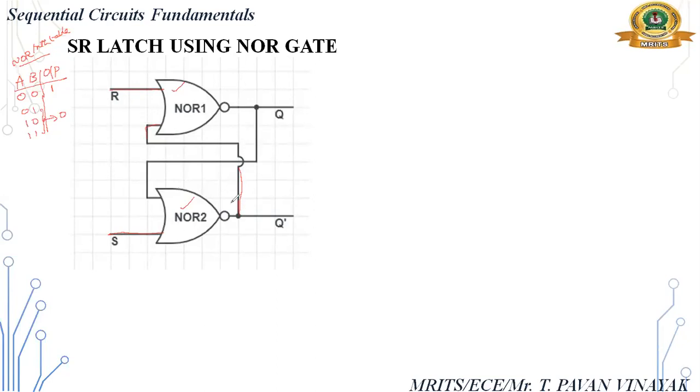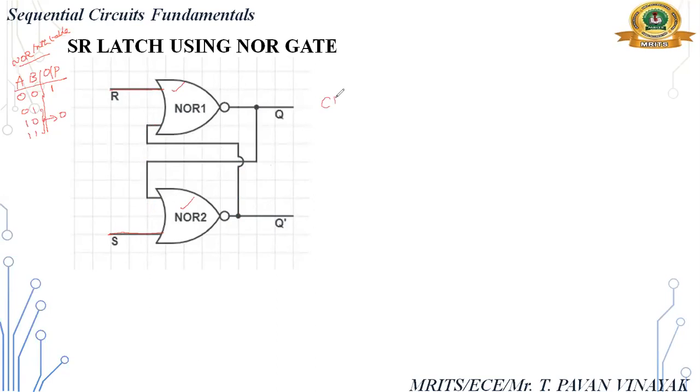Next, the first NOR gate output is given to the second NOR gate input. So the outputs are cross coupled.